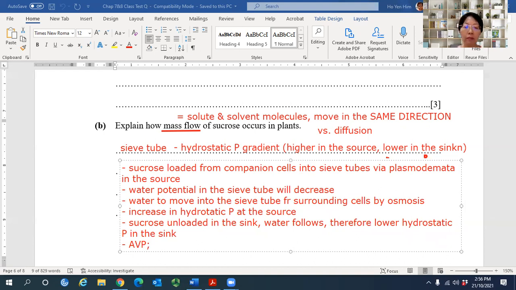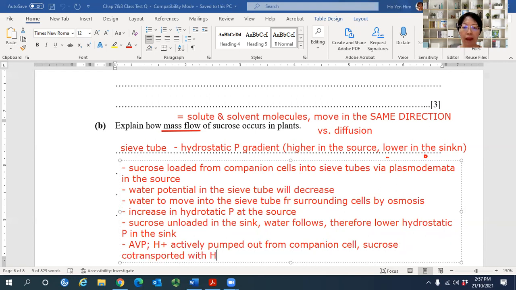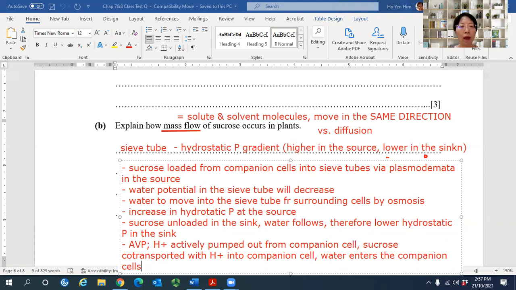If you tell me that H plus is actively pumped out from the companion cell, and then the sucrose is co-transported with the H plus into the companion cell, and then water enters the companion cell, all these are marked as 1 point only. No matter how many correct points you write here, you only get 1 point, because these answers are too far away from what the question is asking for.